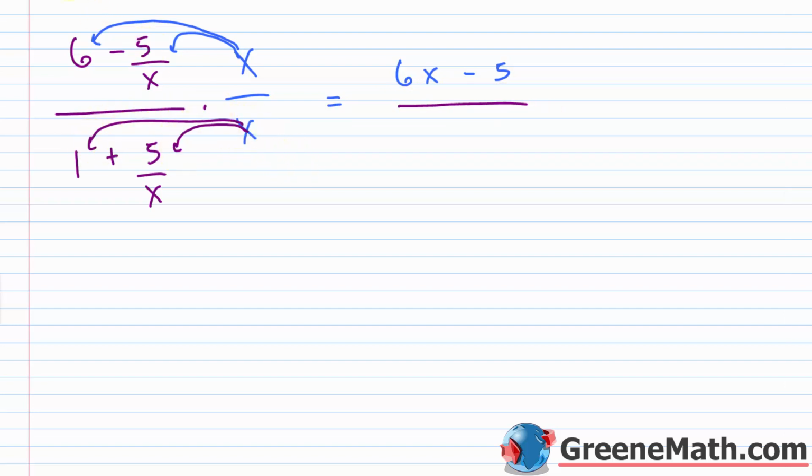So you would have 1 times x, or just x, and then plus 5 over x times x. We know that we can cancel this x with this x, and you would just have a 5 there. So look how quick we got the same answer. We get 6x minus 5 over x plus 5. Again, the LCD method is much quicker in almost every scenario. So for all the problems we're going to look at after this point, we're just going to use that method.